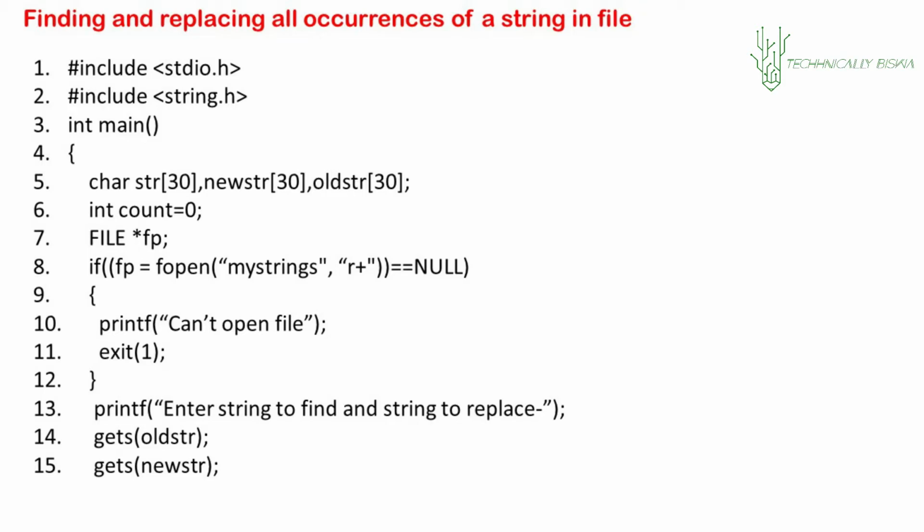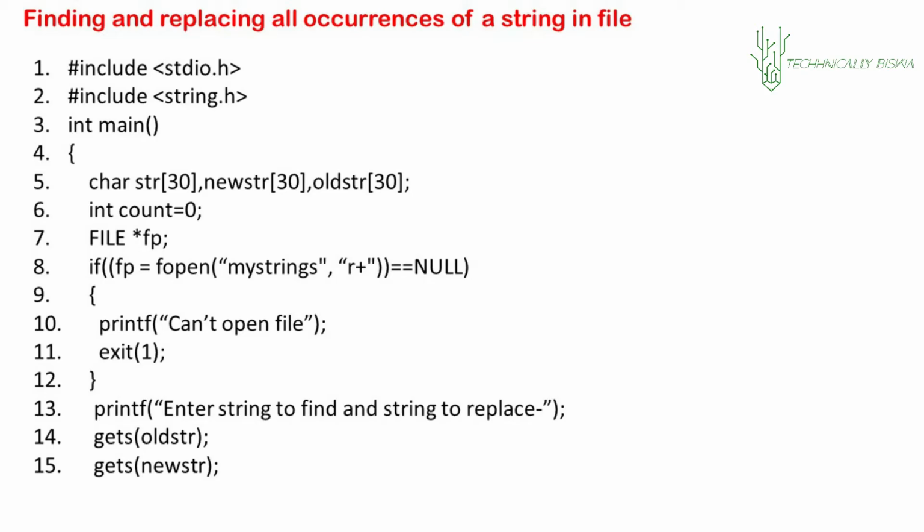So what I am doing is I open the file in r+ mode for editing. I check and open the file. Then I give a message to the user saying enter string to find and string to replace, accepting both the strings, old string and new string. Remember, old string, new string and str, you have got 3 variables.